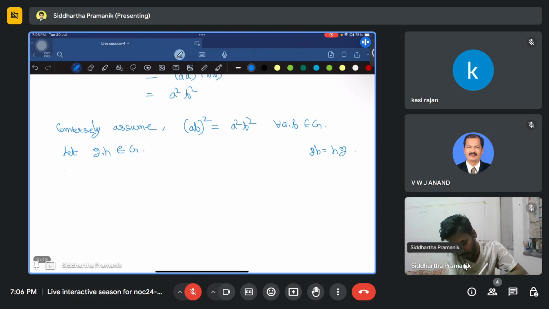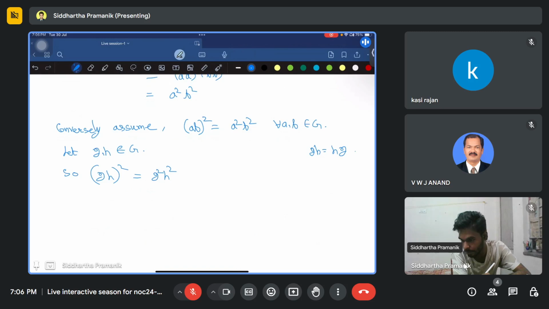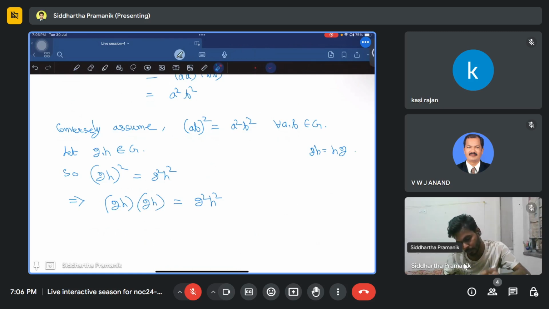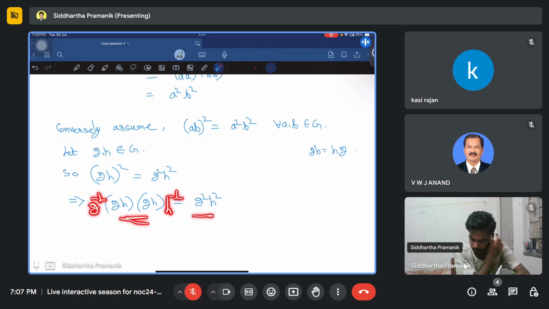So by the given condition, (gh) squared is the same as g squared h squared. Now let's break both sides. This is gh times gh, and this is g squared times h squared. Okay, so if we multiply g inverse from the left and h inverse from the right, we should get hg on this side and gh on the other side.